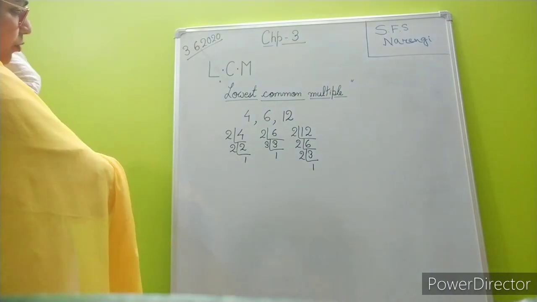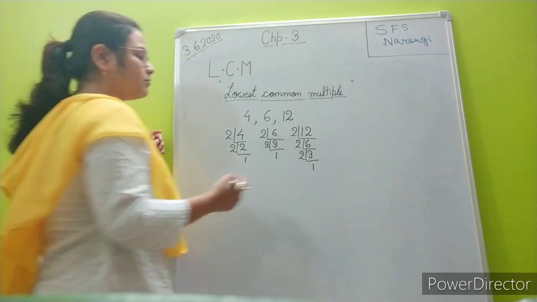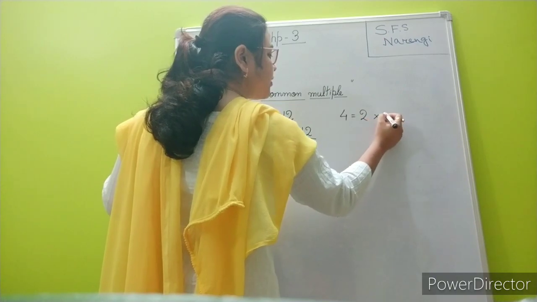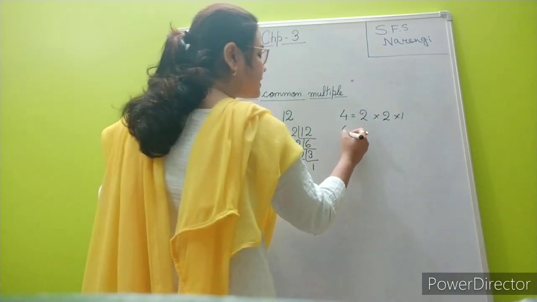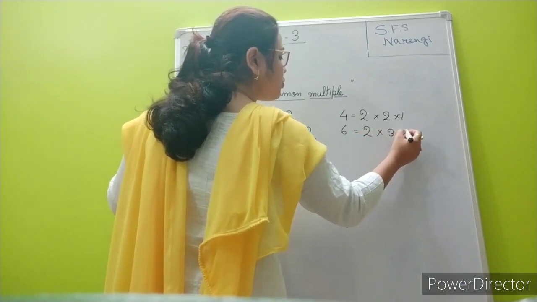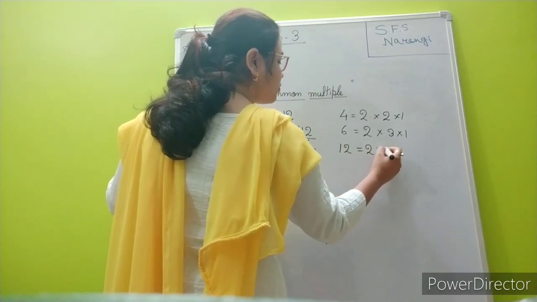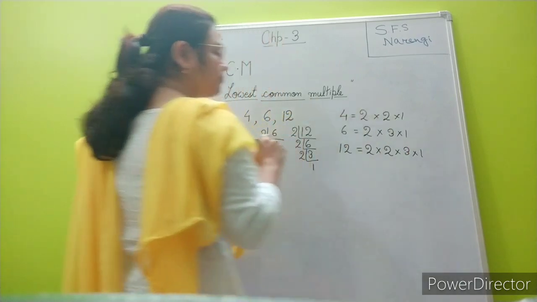So what do we have? 4 equals 2 into 2 into 1. 6 equals 2 into 3 into 1. 12 equals 2 into 2 into 3 into 1.